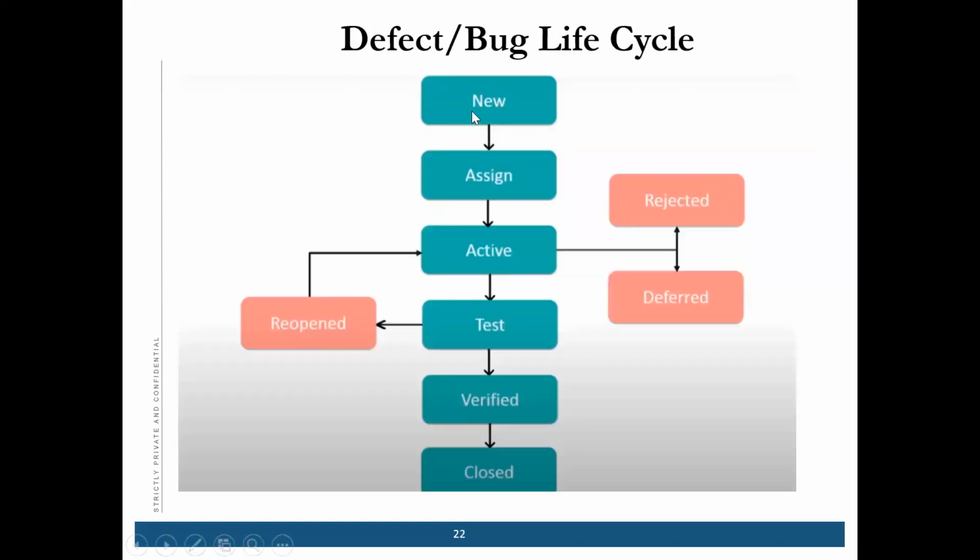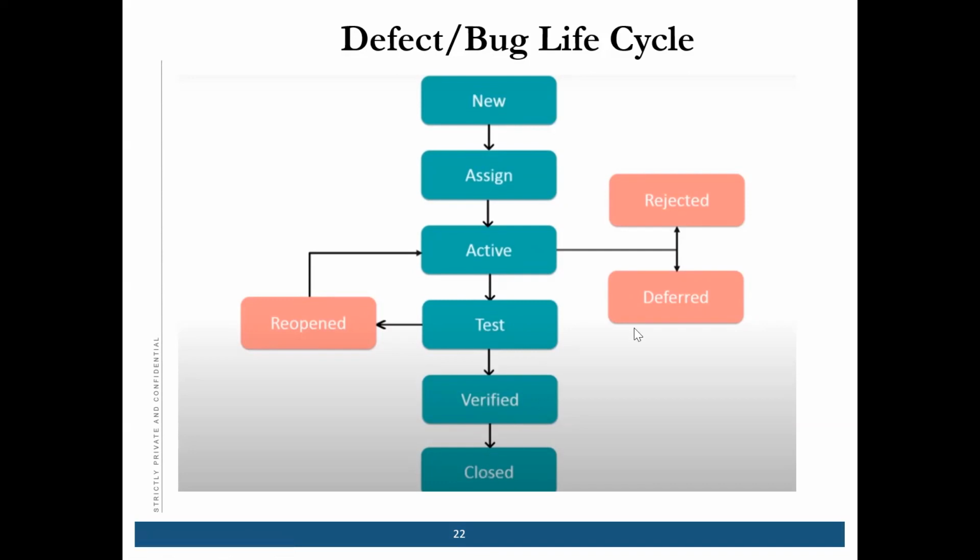Now comes the defect life cycle. Can anyone explain? Has anyone gone through it? What is the defect life cycle? Defect life cycle is basically how the defect gets created and fixed, from the day it is created, and how it passes through the different stages.